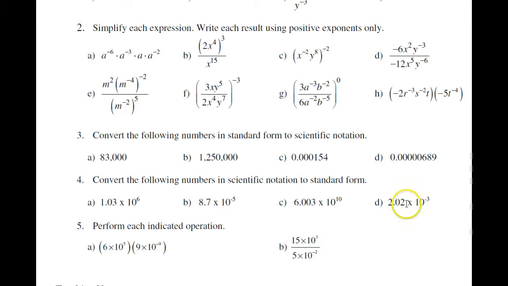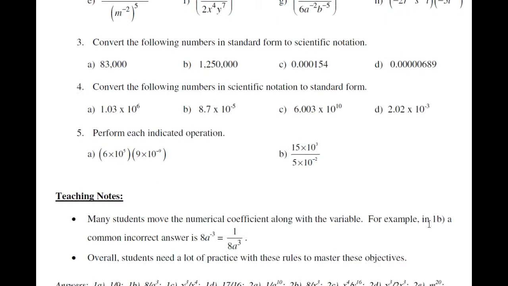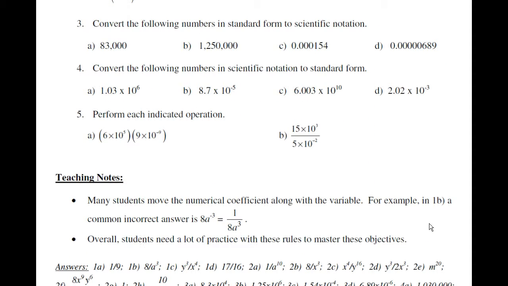All right, let's go on and we'll move it up a little bit as we go into our scientific notation. Again, we'll give you some time. We want to put these in scientific notation.